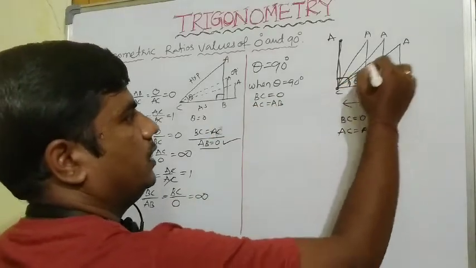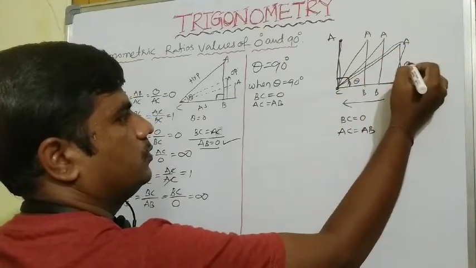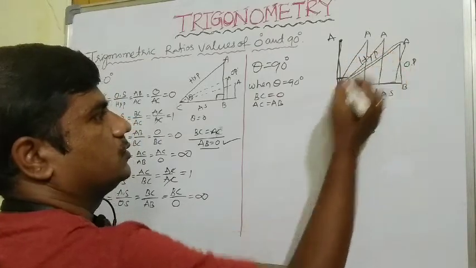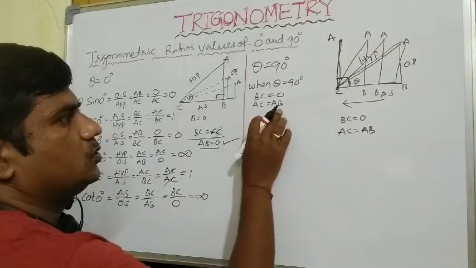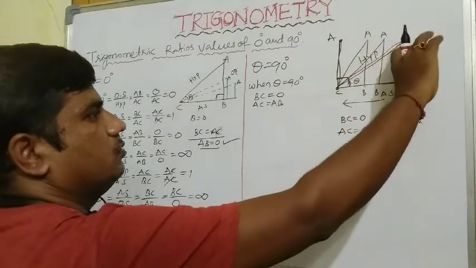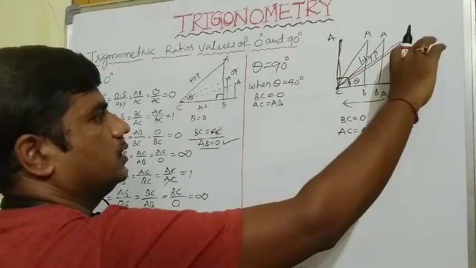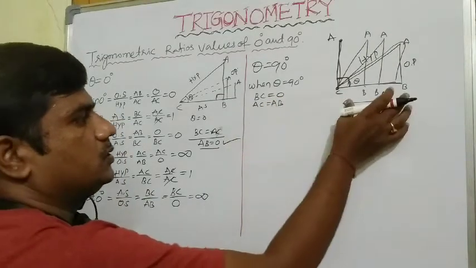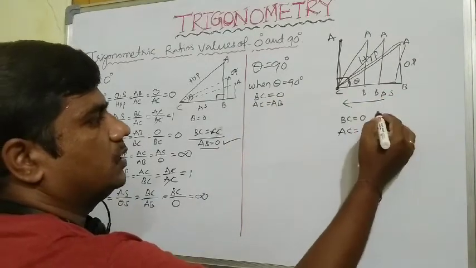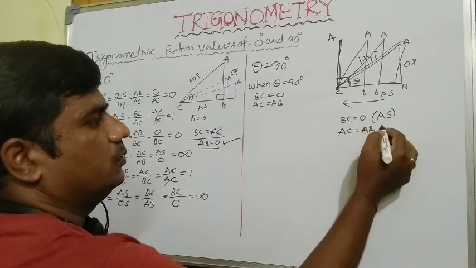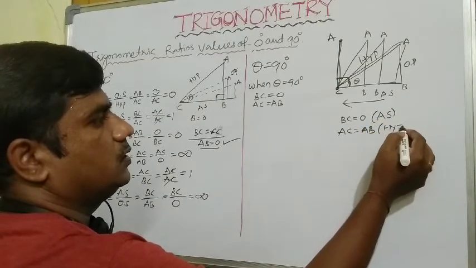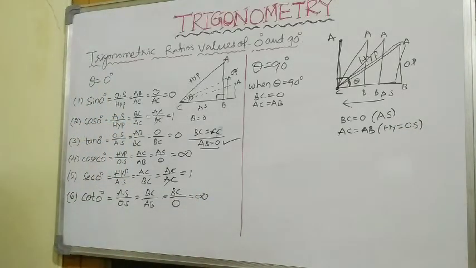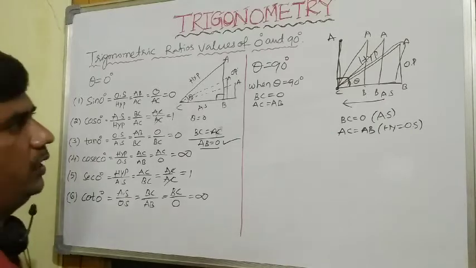So when this is a right angle triangle, this is the angle, this is the opposite side, this is the adjacent side, and this is the hypotenuse. Here AC length equals AB length, which means hypotenuse length and opposite side length are equal. Next, BC equals 0 means the adjacent side is 0, and hypotenuse is equal to opposite side when theta equals 90 degrees.